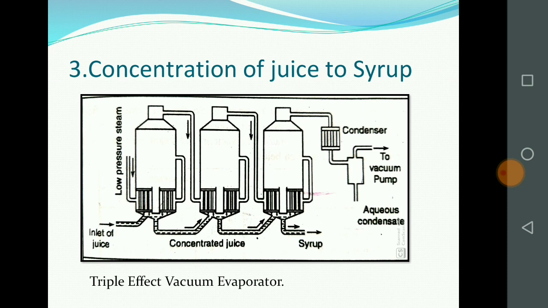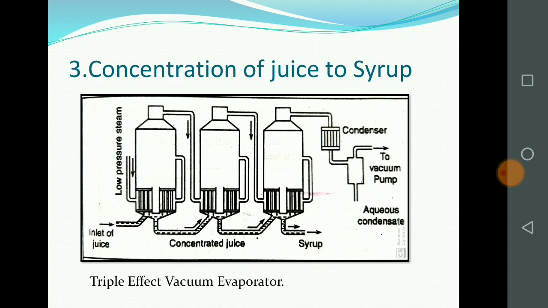Several narrow and a few wider pipes vertically connect the two juice chambers. The juice moves up through the narrow tubes and comes down through the wider tube. The juice circulates inside the tubes and steam circulates outside the tubes.